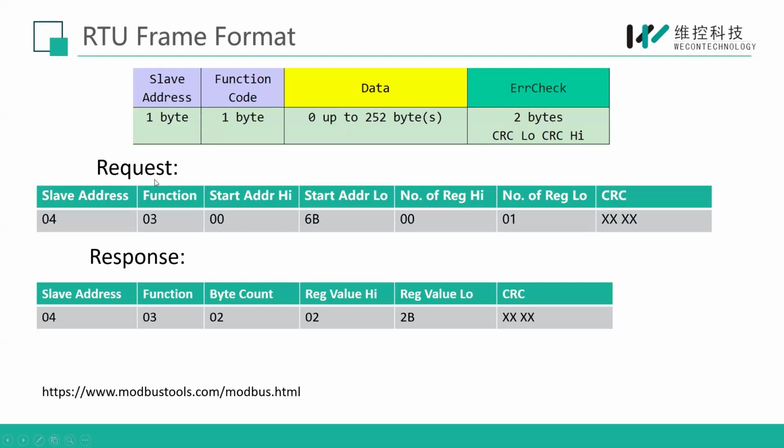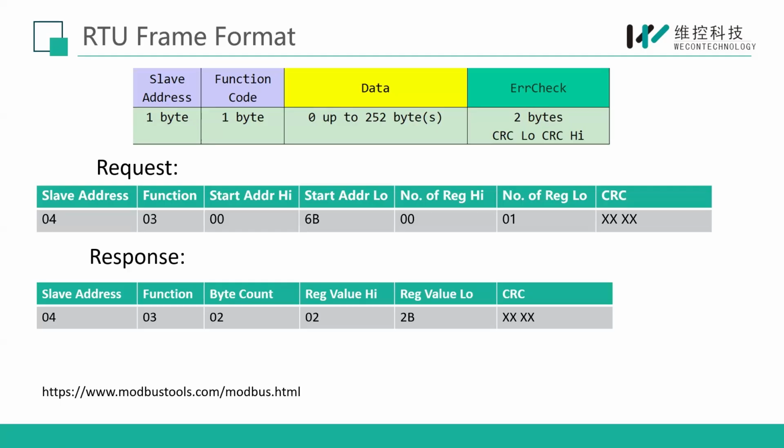So whenever we do the communication, the HMI will send this request to your slave ID in this format. The first column is the slave address, which is 04. So here our slave address is number 4, and according to this frame, the second one is the function code. 03 is for the holding register, 04 is for the input registers, and like that.